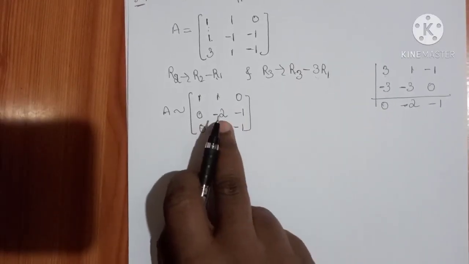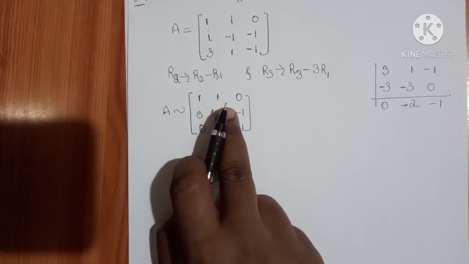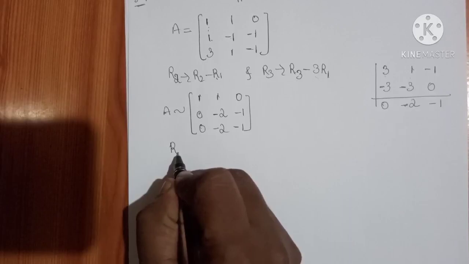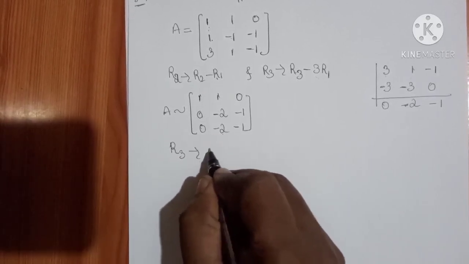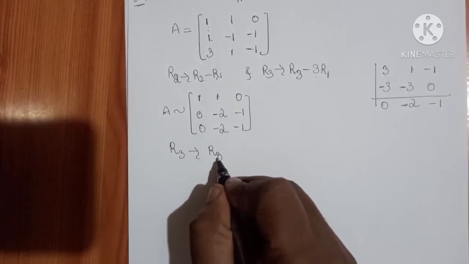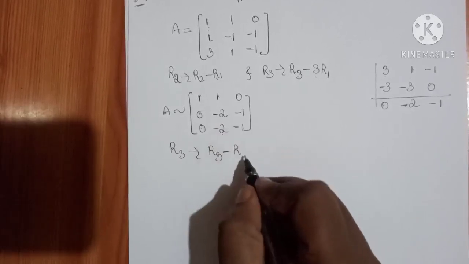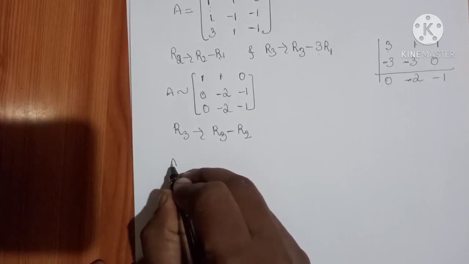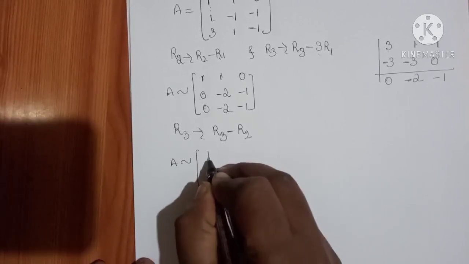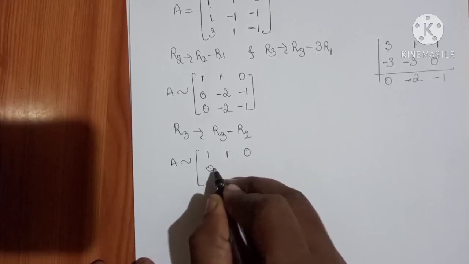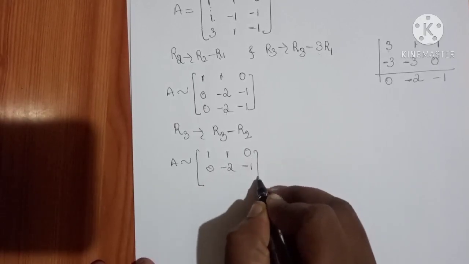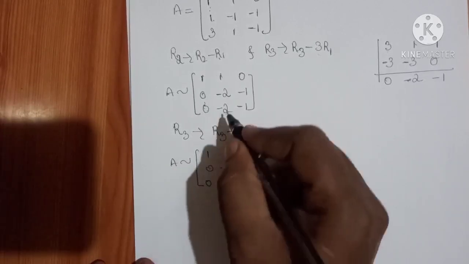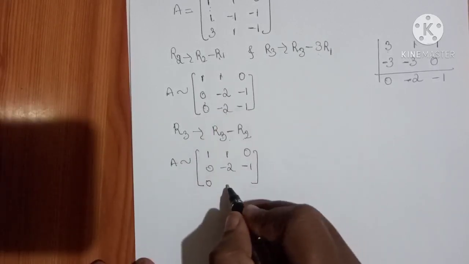Again, before making this element 1, we first make this element 0. For that we apply the operation R3 equals to R3 minus R2 because both the coefficients are same. Therefore A is equivalent to first row as it is, second row also as it is, third row we get R3 minus R2: 0 minus 0 is 0, minus 2 minus into minus plus 2 equals to 0.